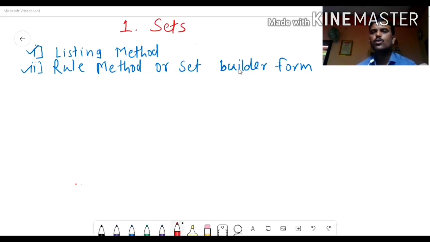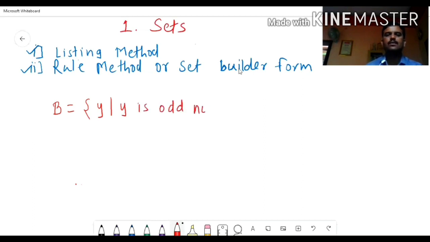Student, now we are going to take the second example. Suppose B is equal to Y such that Y is an odd number, comma, from 1 to 10, between 1 and 10.